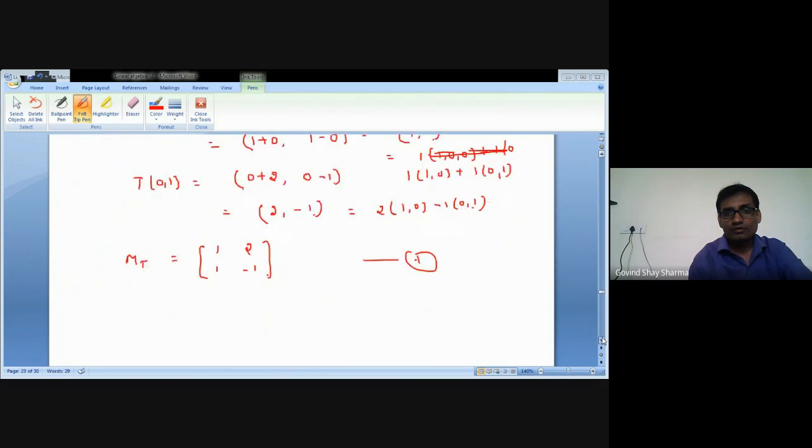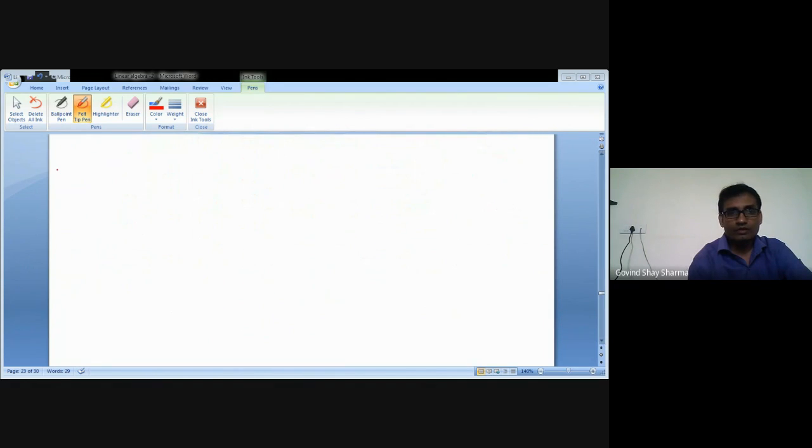Now we take another example where the basis is not the usual basis; the bases are given.